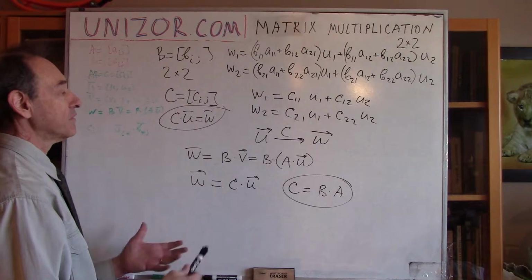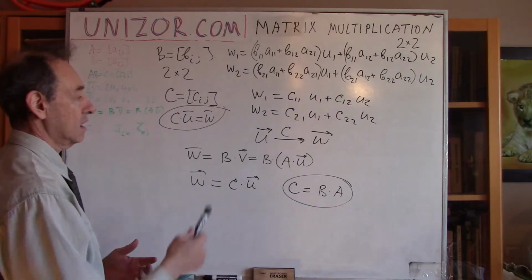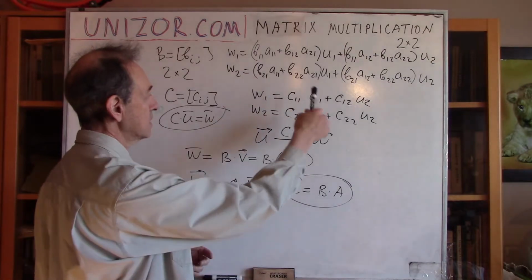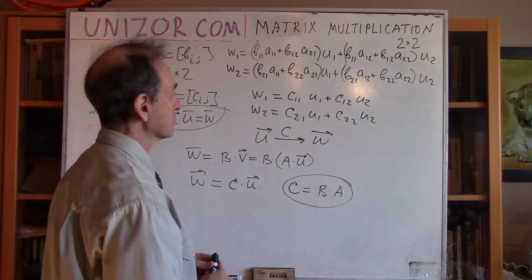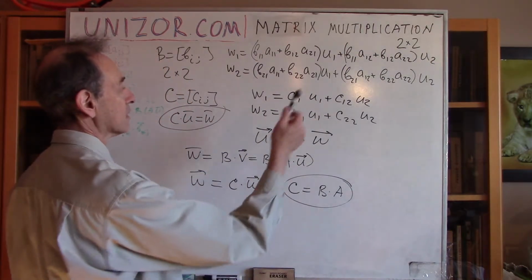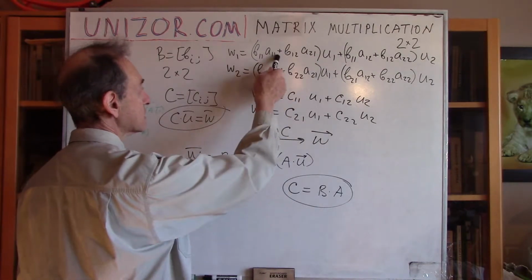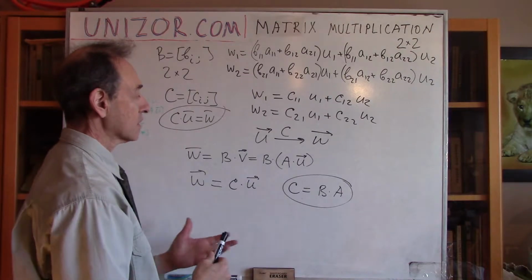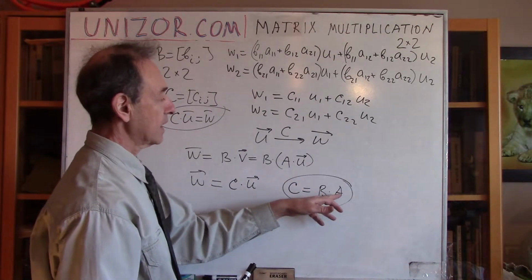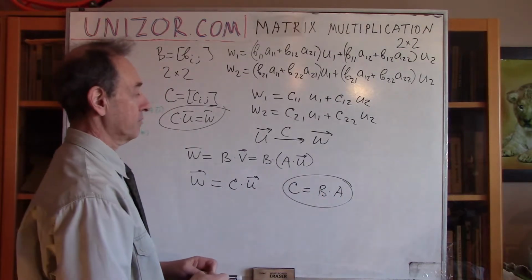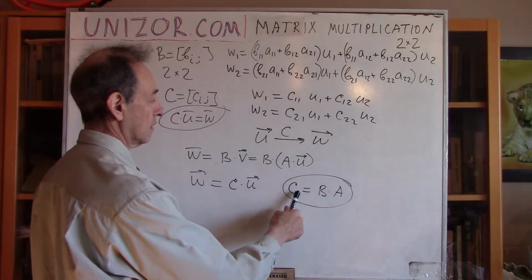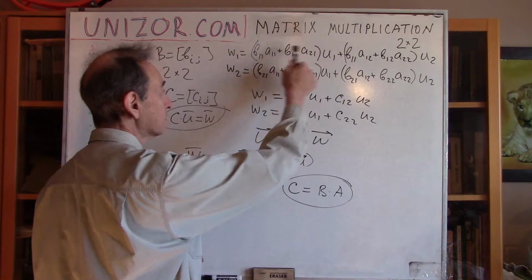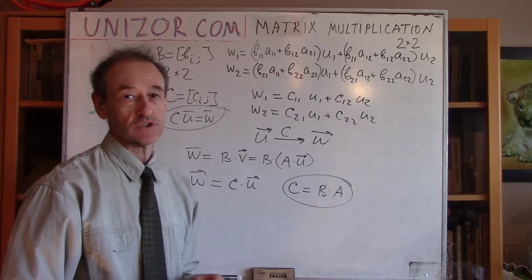So how can I find out what is C in a 2 by 2 case? By the way, A, B, and C are all matrices with 2 rows and 2 columns. How to find the coefficient C11? This is how the matrix B is multiplied by matrix A. Each particular element of the matrix C, which is the product, is defined by using these definitions.